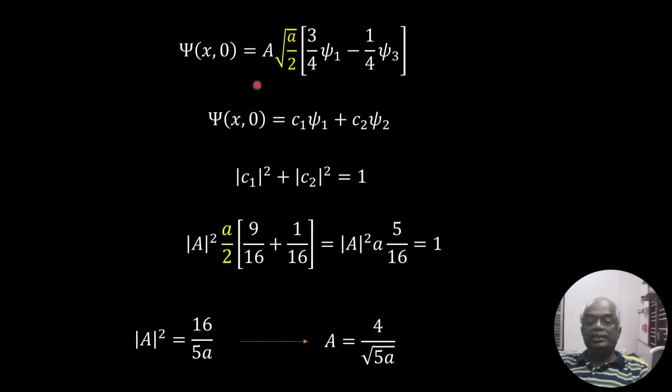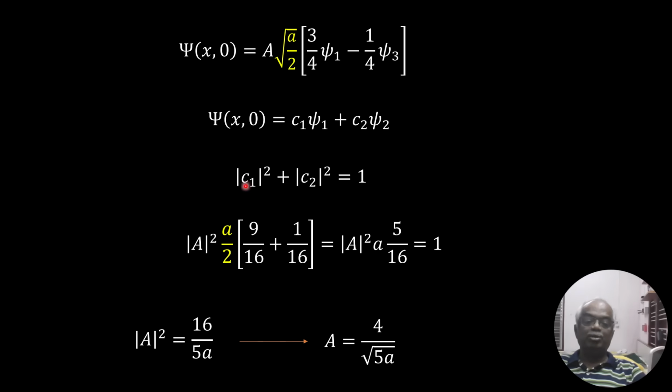So we got the initial wave function as A multiplied by square root of a over 2, and these terms inside the square bracket. So psi of x and 0 can be written as a linear combination of c1 psi 1 plus c2 psi 2.